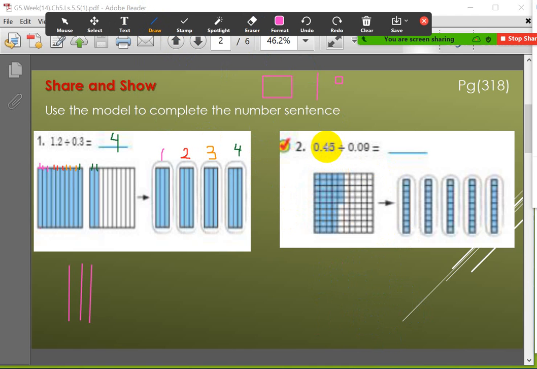So the dividend is already drawn: 4 longs and 5 small cubes. What about the divisor? The divisor is 9 hundredths, that means I have 1, 2, 3, 4, 5, 6, 7, 8, and 9.